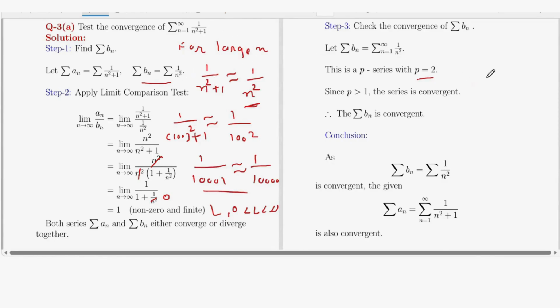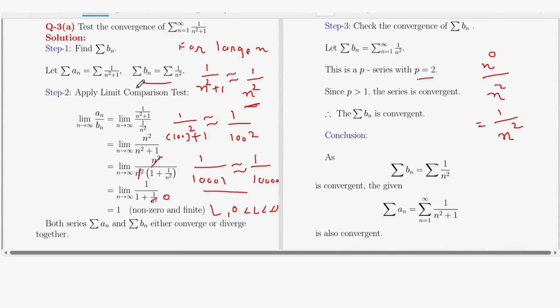Here from the numerator, find the maximum power of n. So in the numerator, what is the maximum power of n? Here 1. 1 means n raised to 0. And in the denominator, what is the maximum power of n? n square. Okay. So what is the value? n raised to 0 is 1, so 1 upon n square. Okay. So what is my Bn? Bn is 1 upon n square.